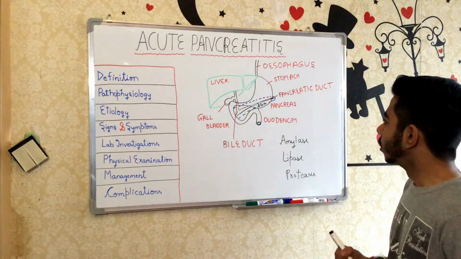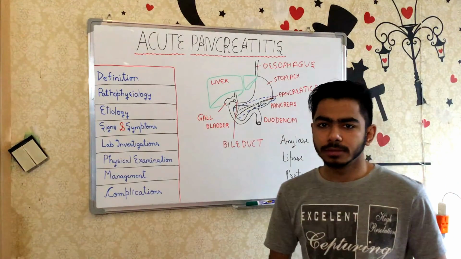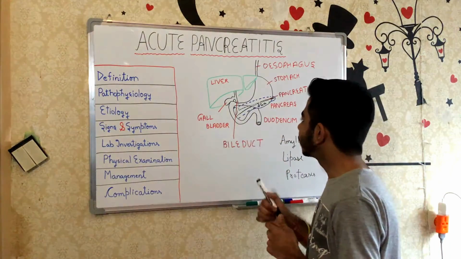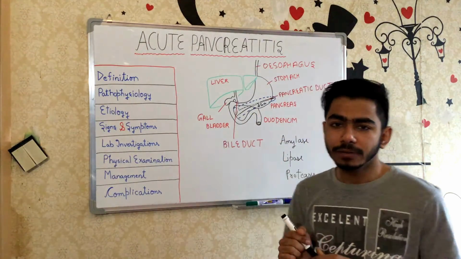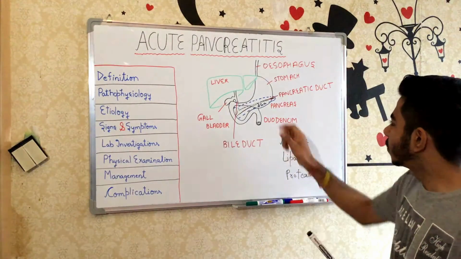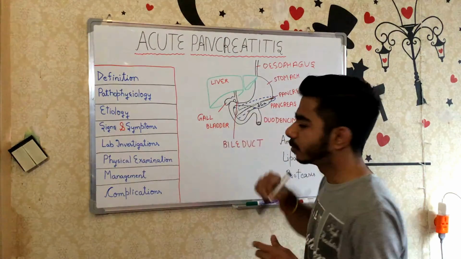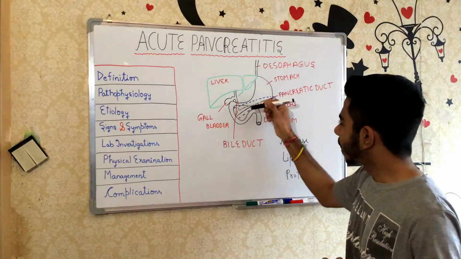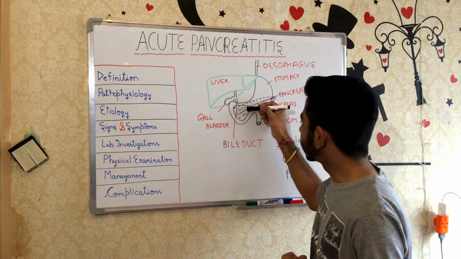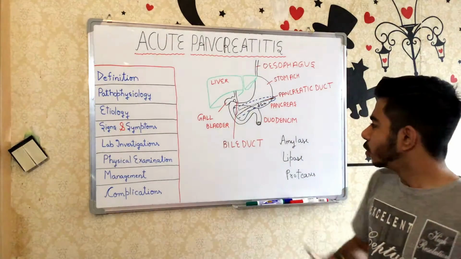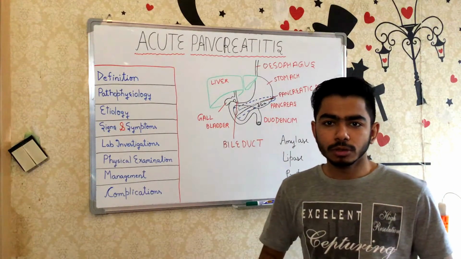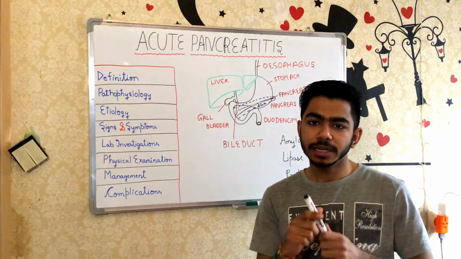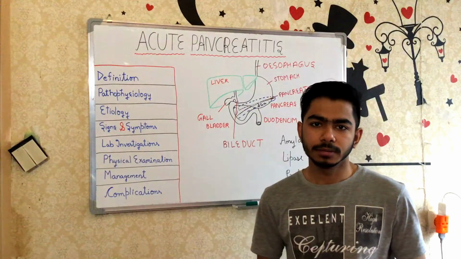However, if there is acute pancreatitis, the pancreas would not be able to secrete the enzymes, or if it is able to secrete the enzymes, it will be inflamed. For example, here is the gallstone which is causing acute pancreatitis. If the enzymes coming from the pancreatic duct are urged to go into the duodenum, but there is an obstruction over there, there will be a backflow of the enzymes, and that can cause autodigestion of the pancreas.